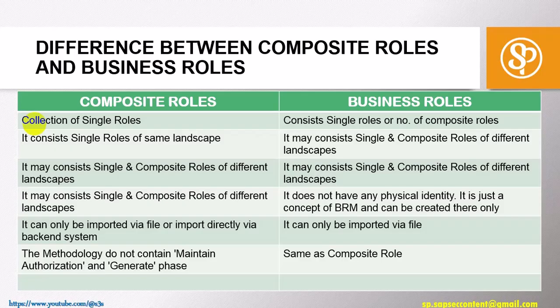Whereas for a business role, we have multiple systems and two choices. One is an ECC-level business role, where the composite role is mapped to the business role. Otherwise, the business role is developed as a collection of the ECC composite role, S composite role, portal composite role, and HANA composite role.